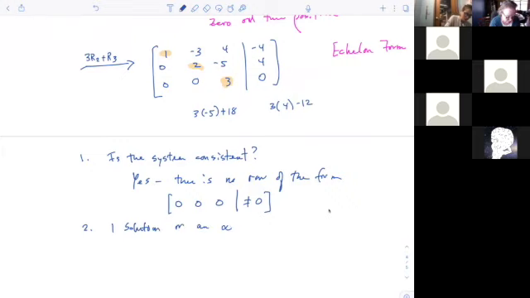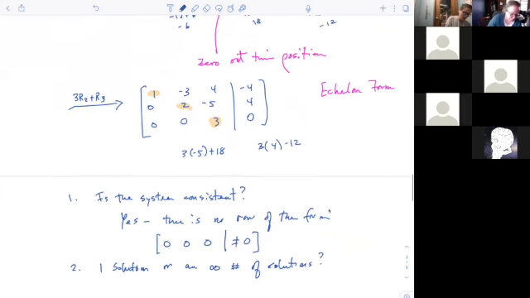Okay, so then we go to question 2, which is one solution or an infinite number of solutions. Would it be infinite? Why do you think that? Well, because if it's the 3z equals the 0, then that's just going to be one straight line going from one end to the other.